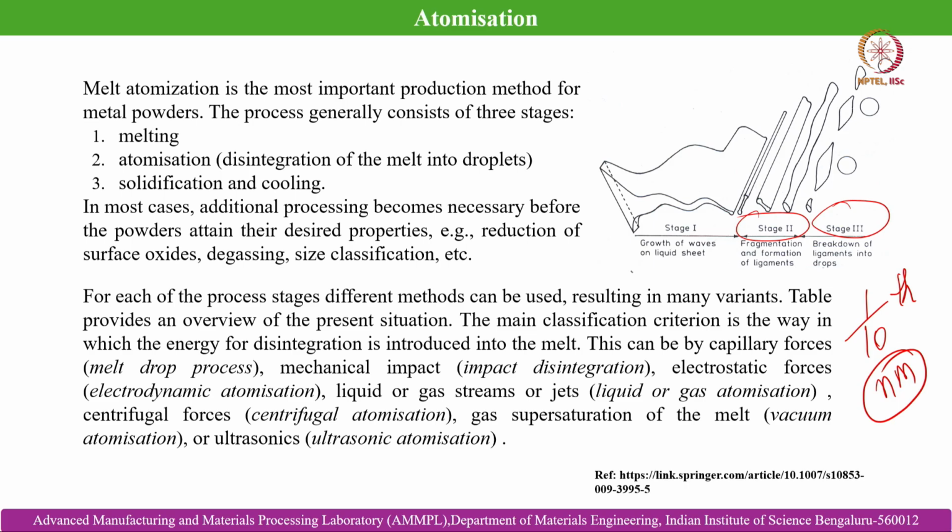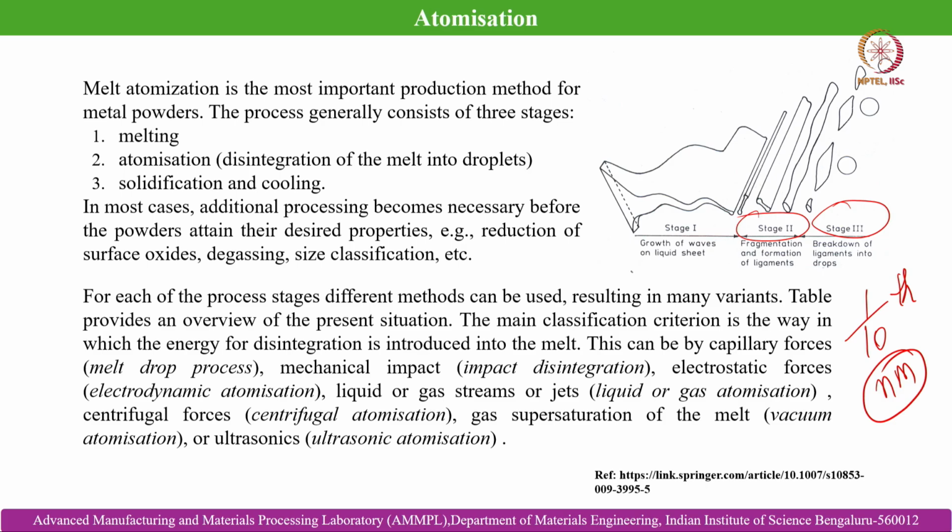So in most cases, like I told, additional processing steps are needed after production of the powder particles by the atomization route. For each of the process stages, different methods can be used, resulting in many variants. So based on the appropriate technique used for melt preparation and disintegration of the melt in the form of powder particles, the atomization techniques can be classified.